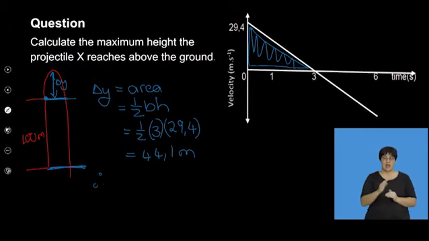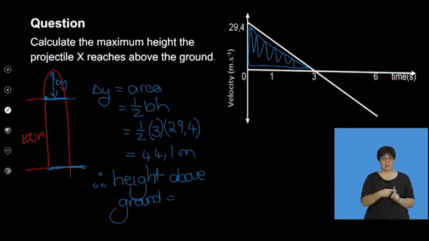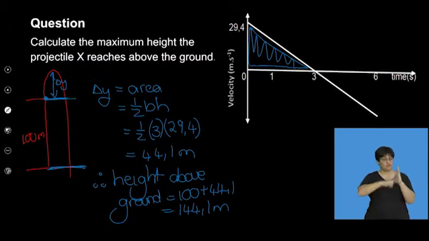So therefore, my height above the ground is going to be 100 plus the 44.1, 144.1 meters. Make sure you read the question.